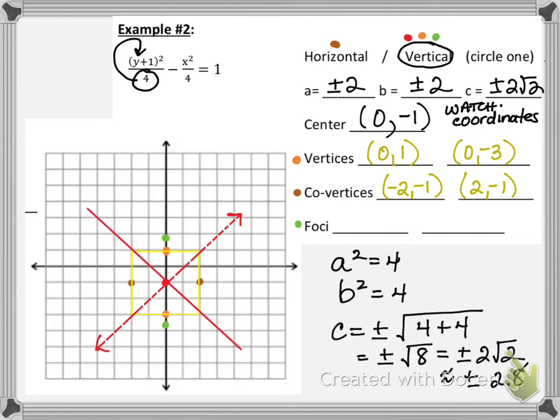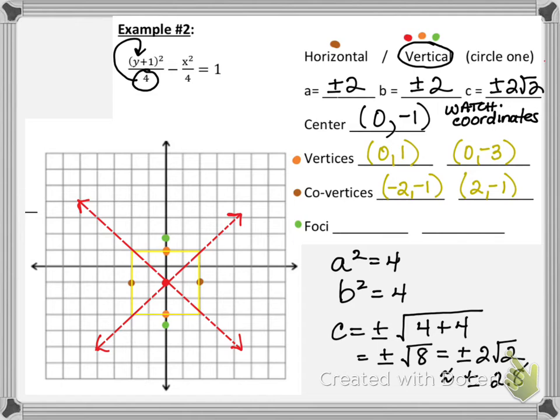And it works. See, this one's more of a square, so it cooperated so much more easily for me. So again, this is going to be a dashed line. And again, let's put some arrows there at the ends. So these asymptotes help us determine how wide our graph is going to be, okay?